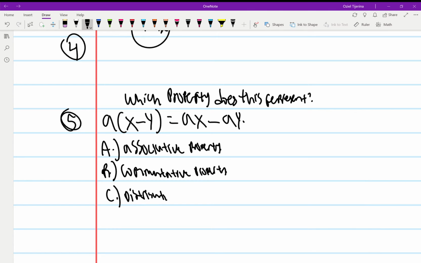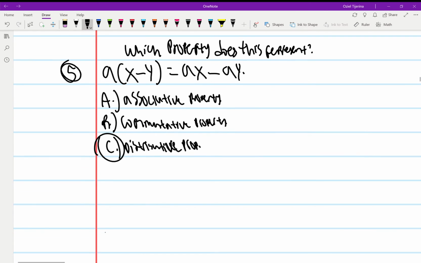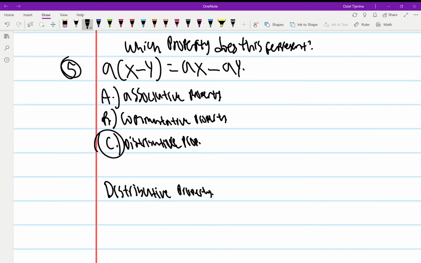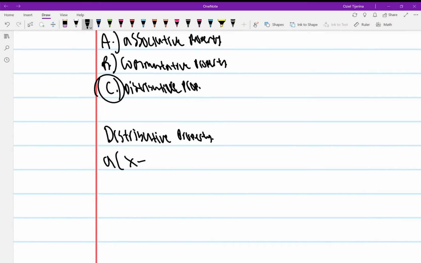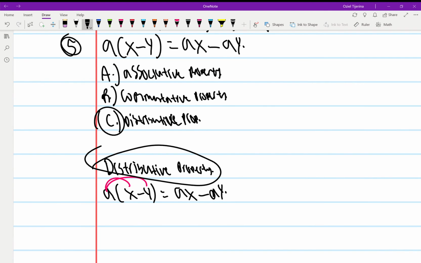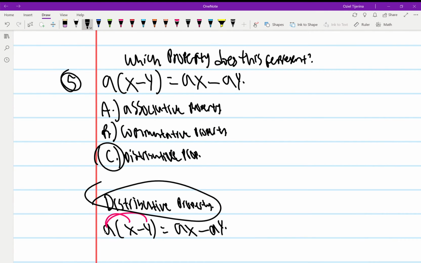The answer to this one is the distributive property, because the distributive property says that when you have an equation like this, you have to distribute the term into the parentheses. So therefore you get ax minus ay. This is the distributive property. So the answer to this one is the distributive property.